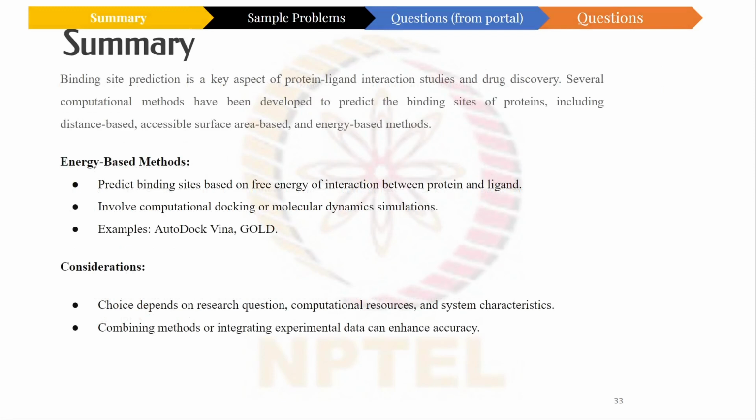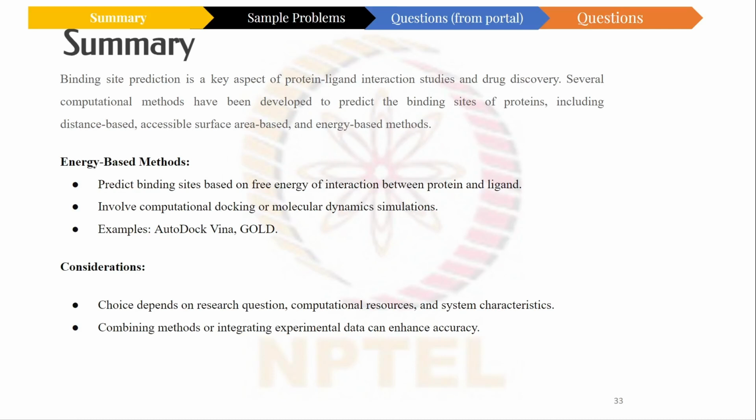Then we have energy-based methods. They typically involve computational docking or other methods to calculate the binding energy and identify favorable binding sites. Examples are AutoDock, GOLD, and others. Energy-based methods are considered more accurate in predicting binding sites and binding affinities, and can capture detailed interactions between proteins and their binding partners.